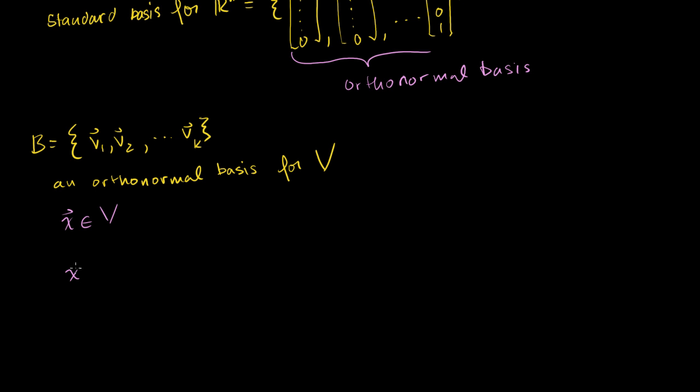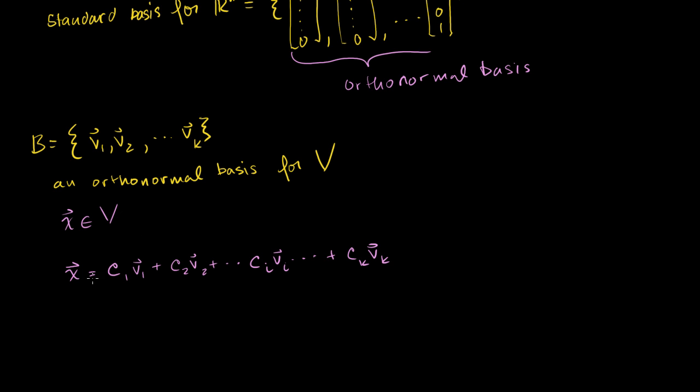So x can be represented as some constant c1 times v1 plus some constant c2 times v2 plus, the ith constant ci times vi, all the way to the kth constant ck times vk. That's what being a member of the subspace means. The subspace is spanned by these guys, so this vector can be represented as a linear combination of those vectors.